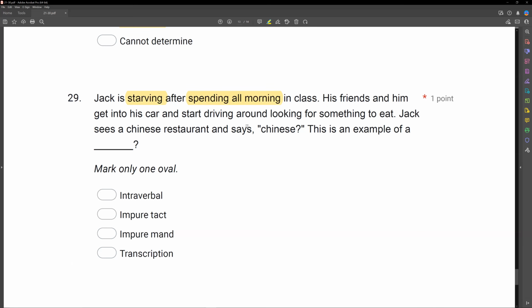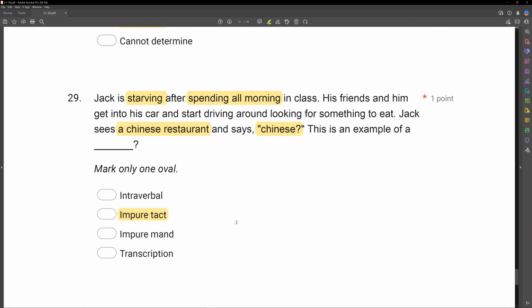So his friends get into his car, start driving around. Jack sees a Chinese restaurant and says, Chinese. The Chinese restaurant represents a non-verbal stimulus. So Jack seeing the Chinese restaurant and saying Chinese is evoked by the MO of starving, deprivation, and the nonverbal stimulus of a Chinese restaurant.